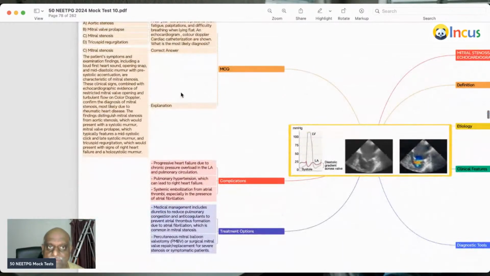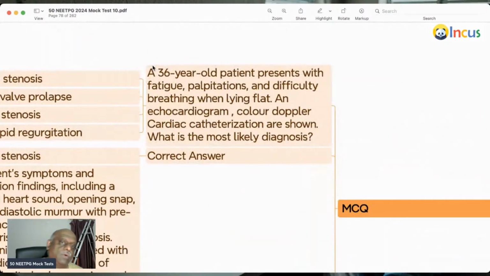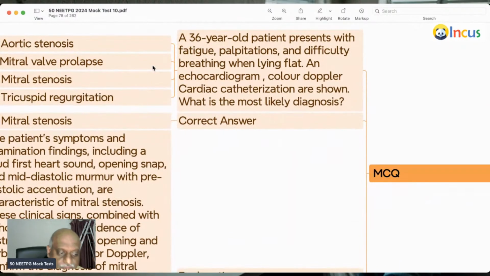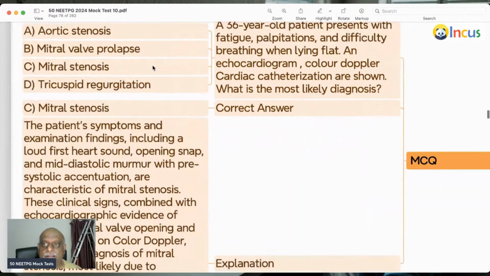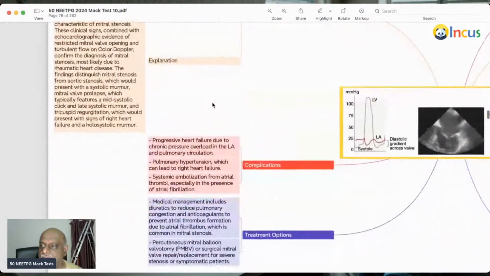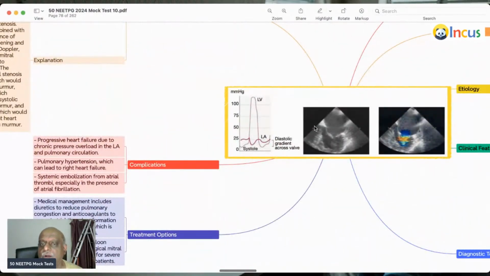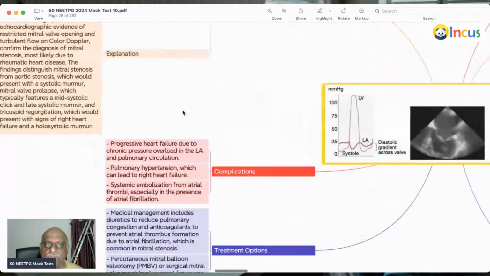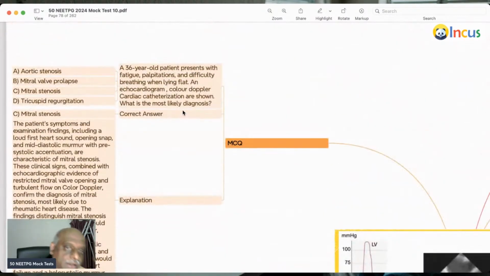Now, a 36-year-old with fatigue, palpitations, and difficulty breathing when lying flat. An echo, color Doppler, and cardiac catheterization have been shown to you. So what is the most likely diagnosis?